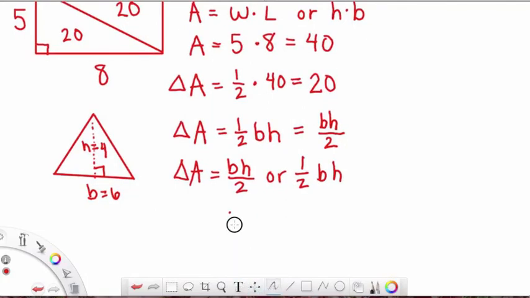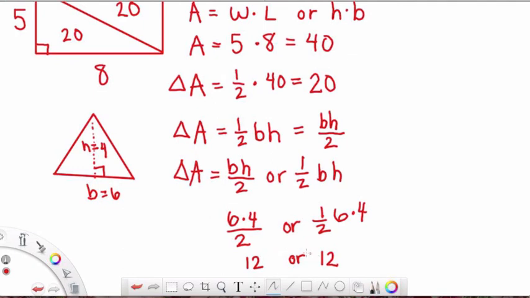We said the base is 6, the height is 4, and we divide that by 2, or we can set it up like 1/2 times the base, which is 6, and the height, which is 4. What's that going to be? 6 times 4 divided by 2 is 12. 12 square units. Or 1/2 times 6 times 4. 6 times 4 is 24. Half of that would also be 12. So it doesn't really matter. Whichever formula you like you can use, you're going to get the same answer.